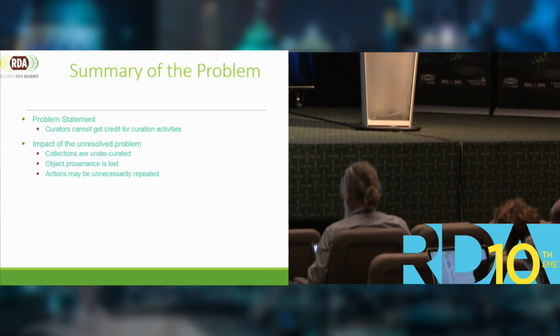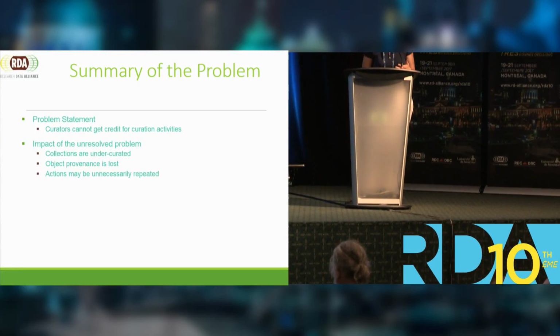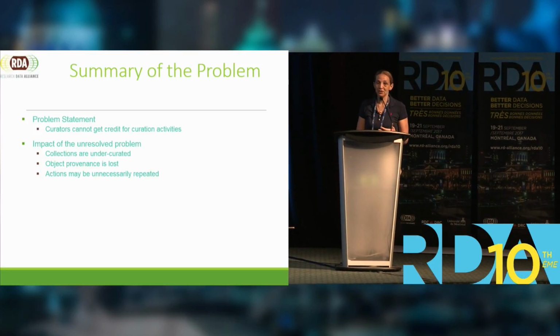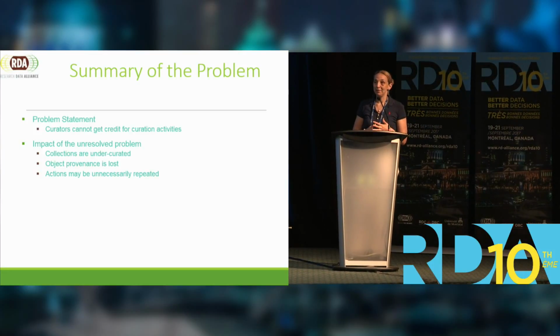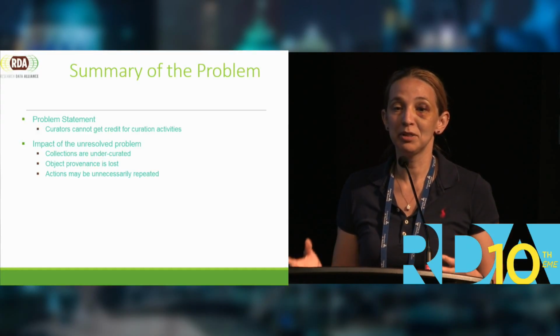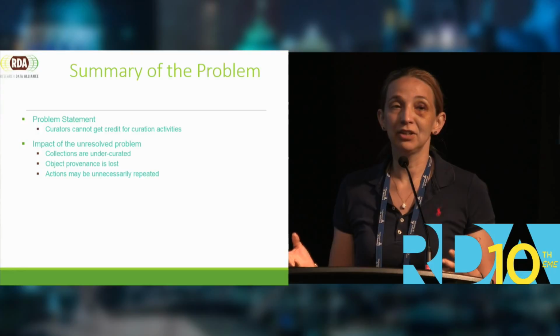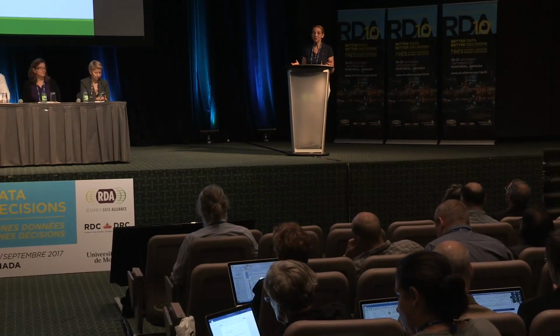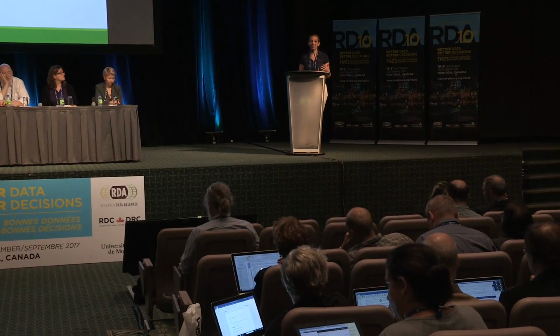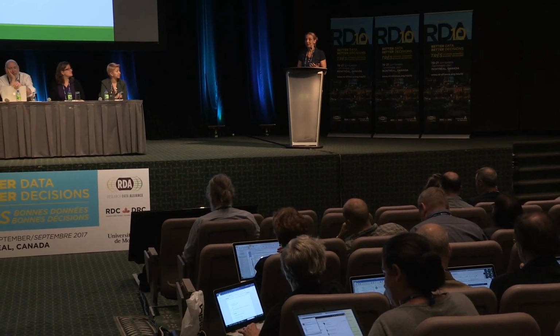Keeping in mind, we do want our recommendations to be broadly applicable outside of the biodiversity space. But research collections are very important, and part of the problem is that curators can't get credit for maintaining these important resources. The result is that collections tend to be under-curated.